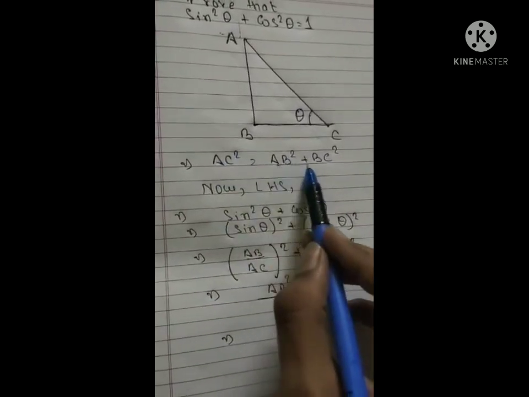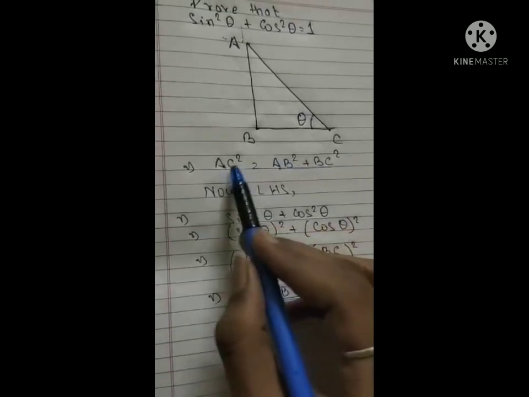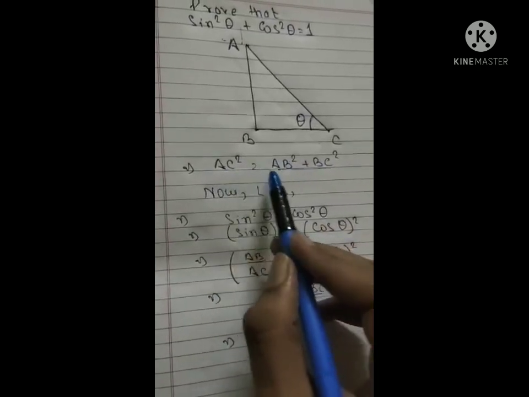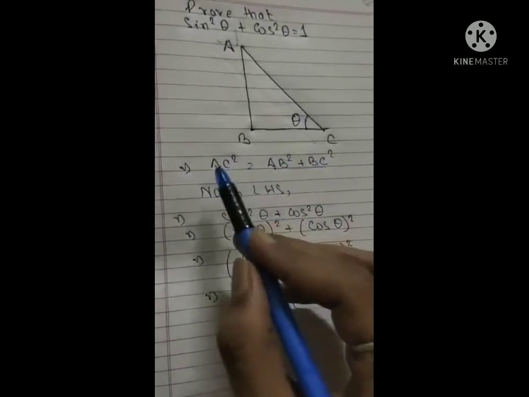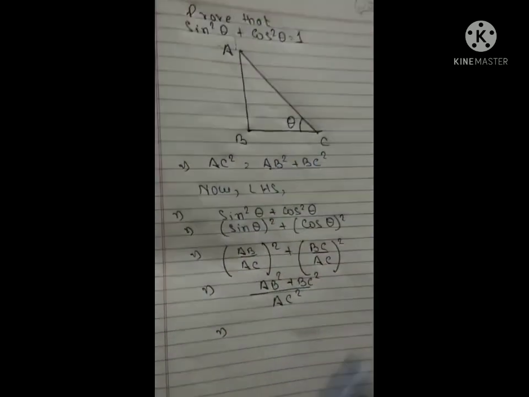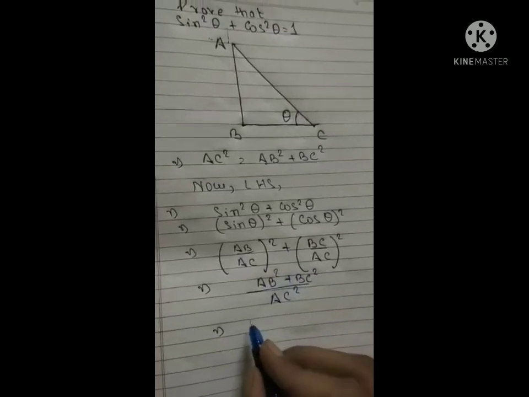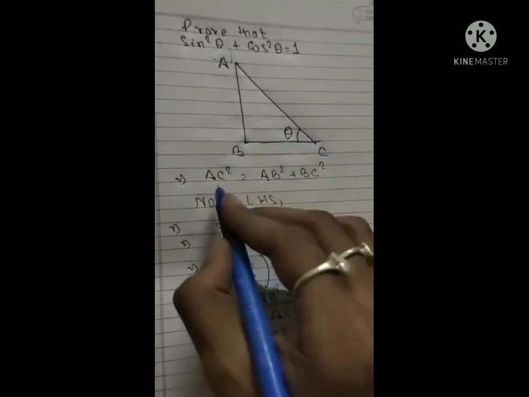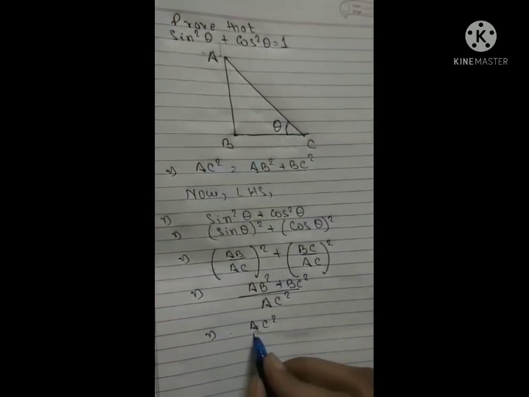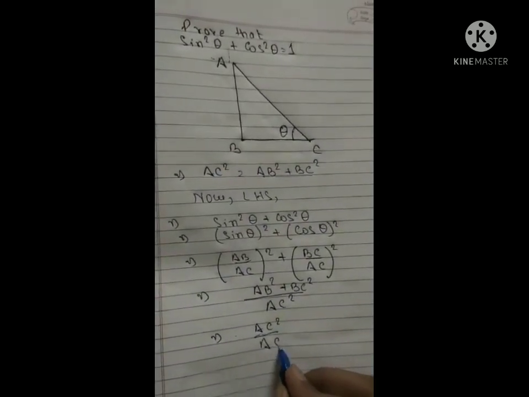So in place of AB square plus BC square we can write AC square, and in the denominator we have AC square.